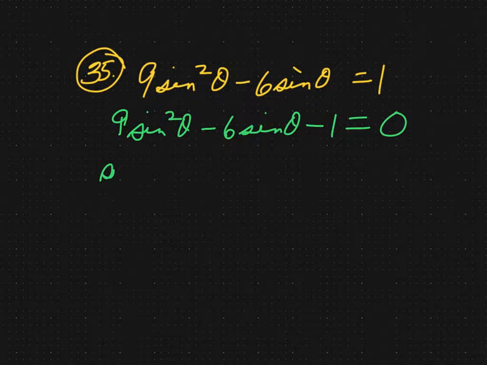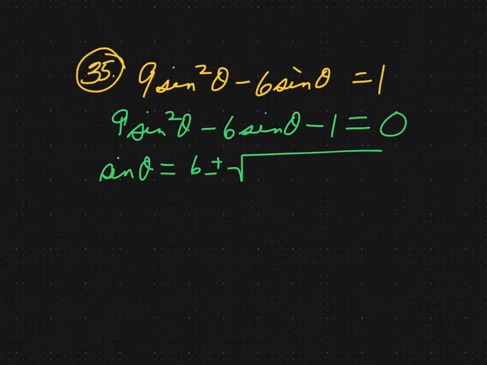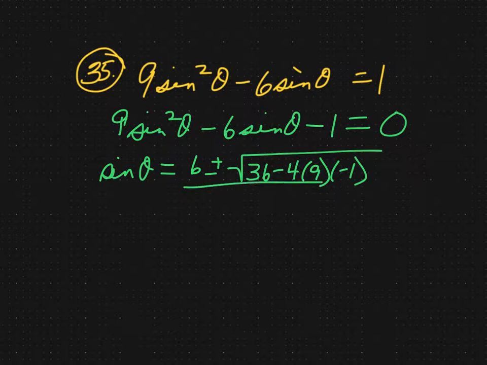So sine of theta will equal negative b, which is positive 6, plus or minus the square root of b squared, which is 36, minus 4 times a, which is 9, and c, which is negative 1, all over 2a, which would be 2 times 9, or 18.